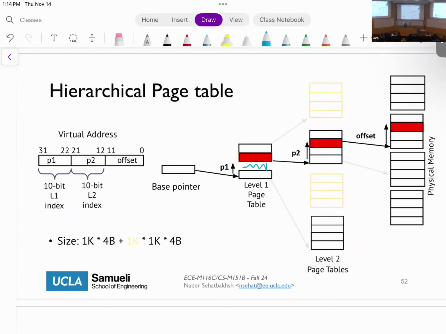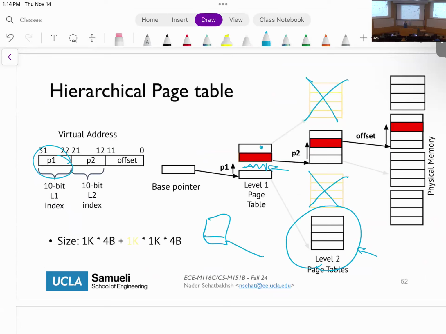So for example, instead of storing every single full 4 megabytes, 1 kilobyte page here, if this address is not assigned, like these higher addresses are not assigned, that immediately removes this. Or for example, if this is not assigned, that immediately removes this, okay?